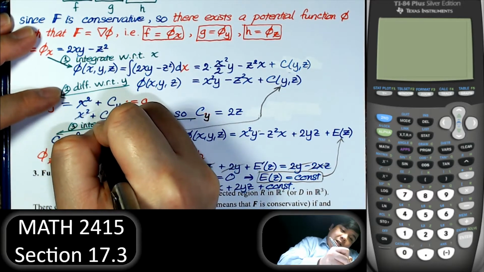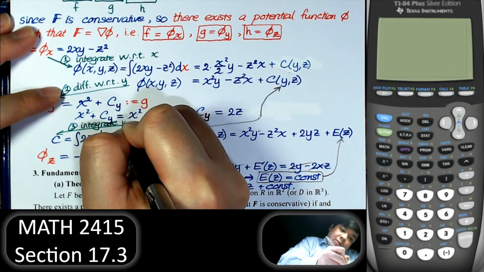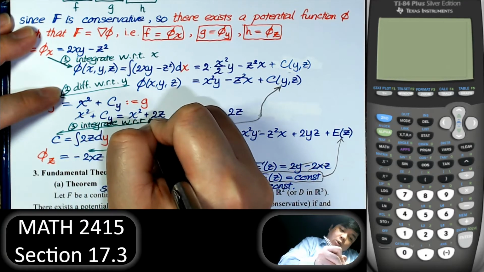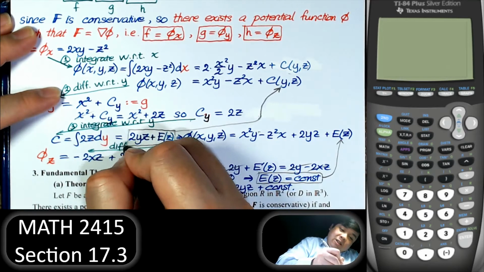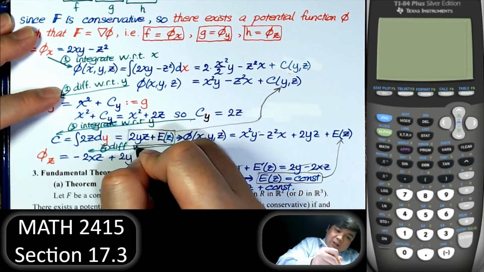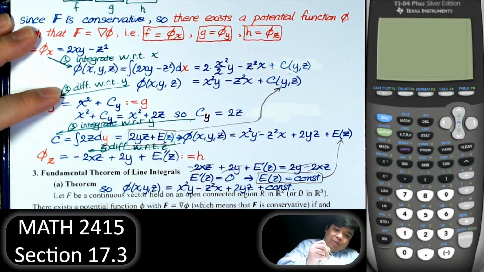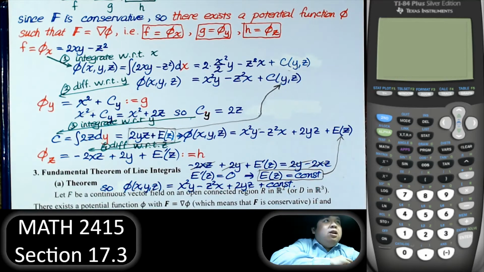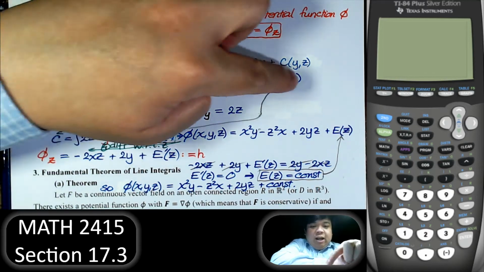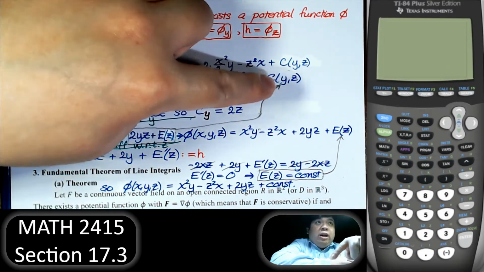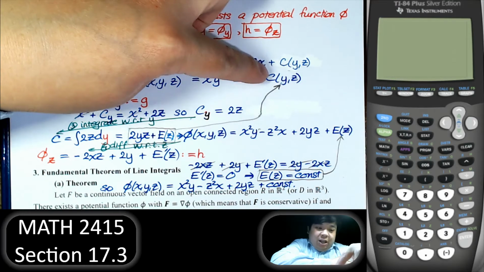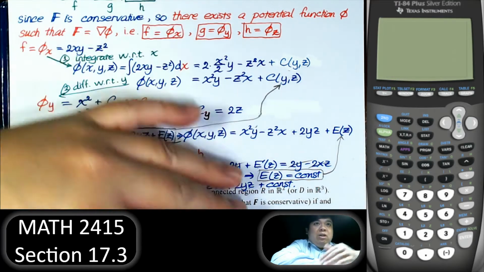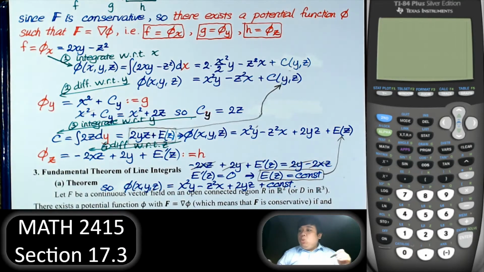So integrate with respect to y, and then differentiate with respect to z to match that. Yeah, so those are the steps. So just integrate, and we have that constant function, and then we have to solve for that constant function, so we integrate, differentiate, integrate, differentiate, just switching between the two.